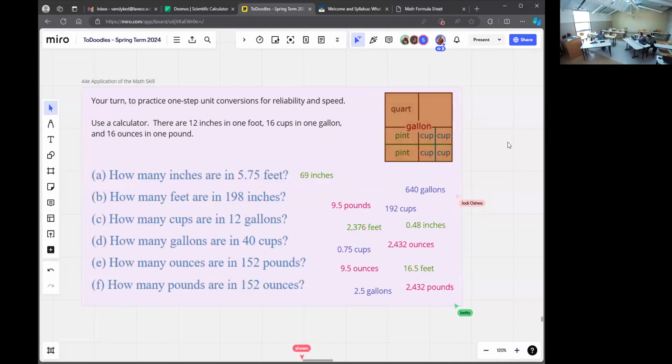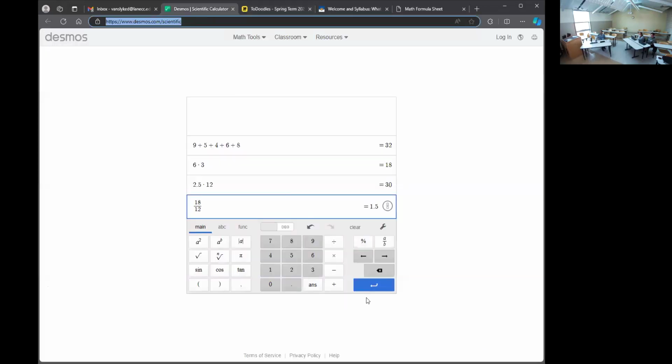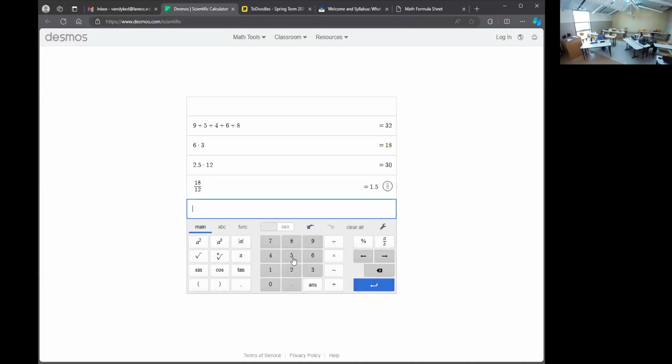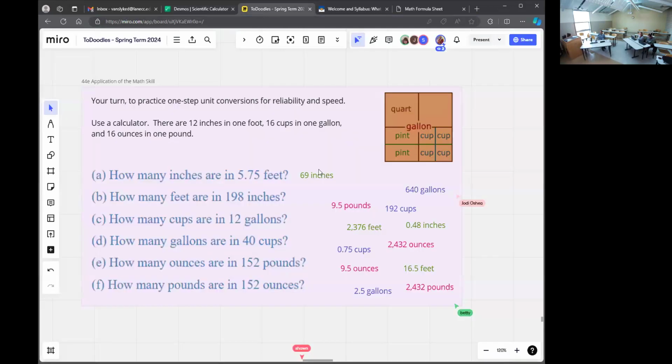Like, no, that's divided by. Easy. So Sean moved the 69 inches for A, so he got bigger, he must have multiplied, he did 5.75. So he must have done times 12 to get 69.